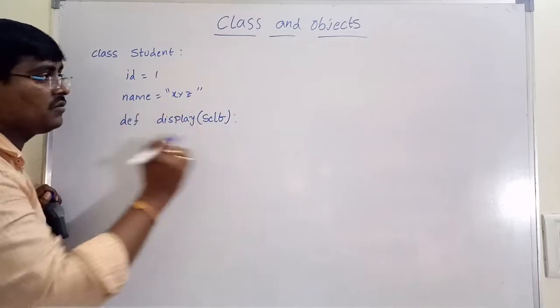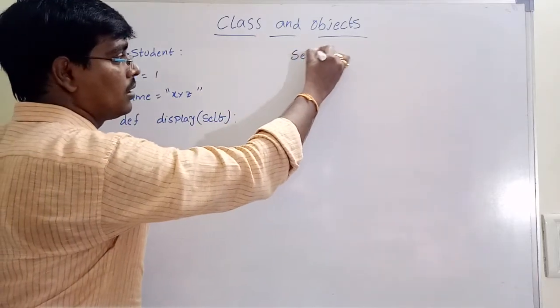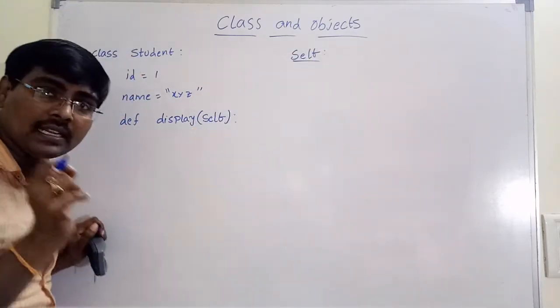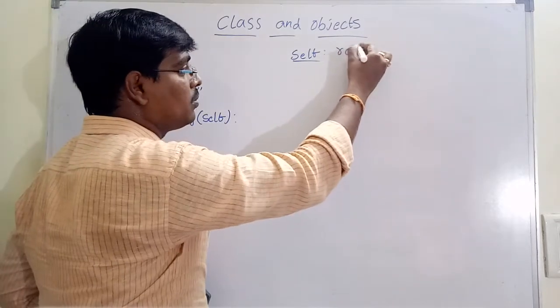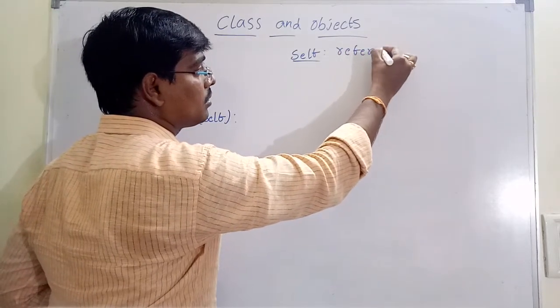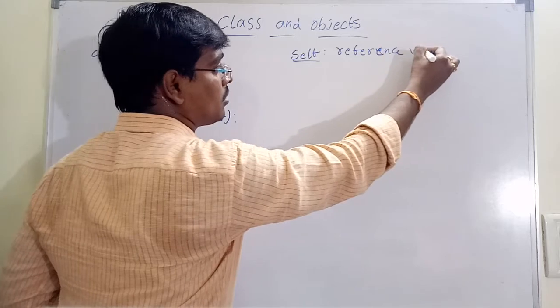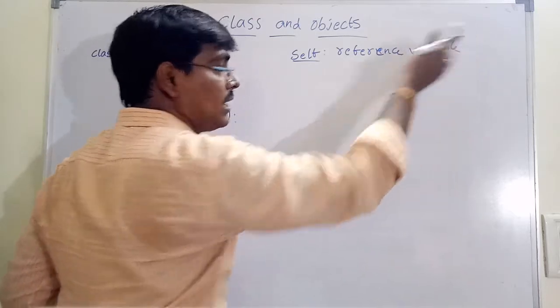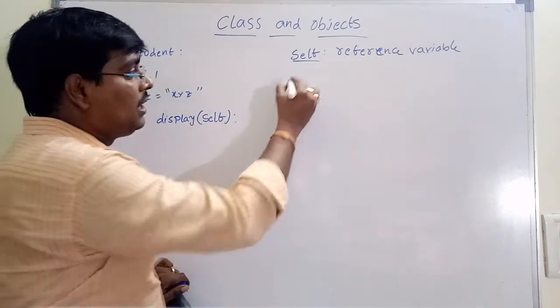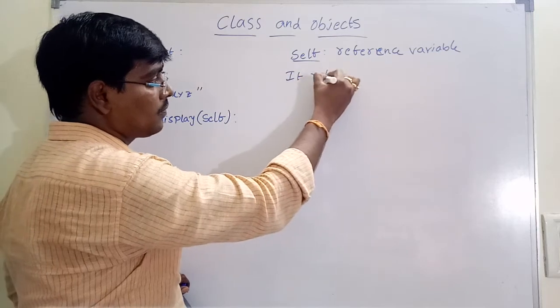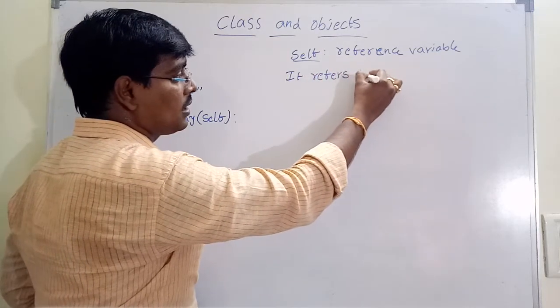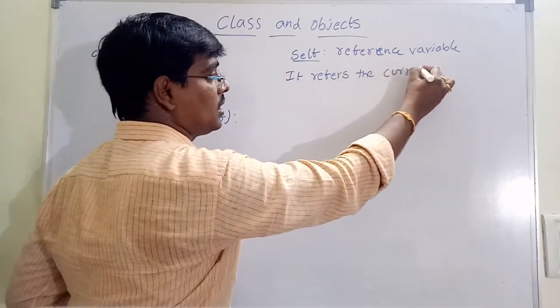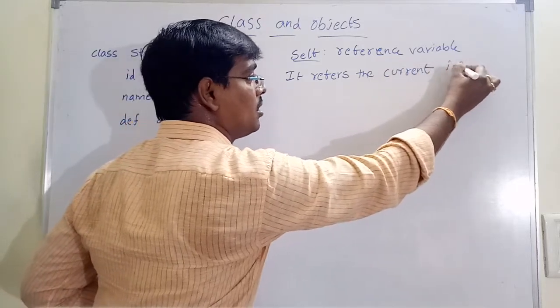What is the meaning of self? Here self is a reference variable. It refers to the current class object, that is, the current instance.